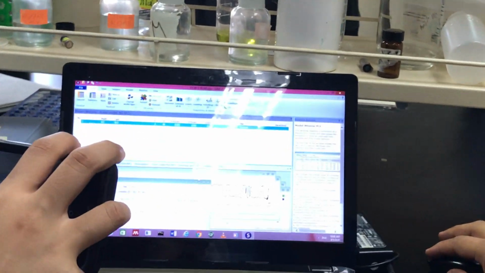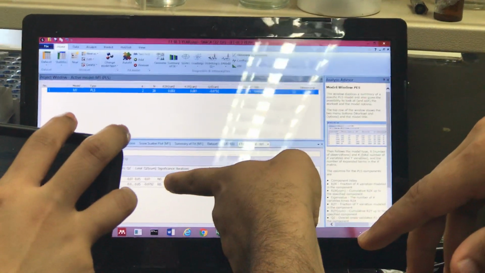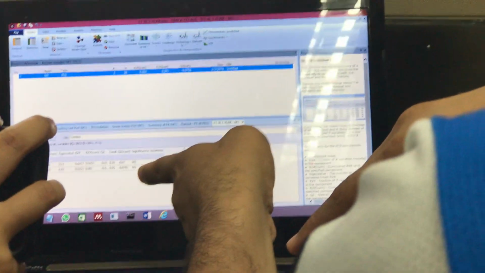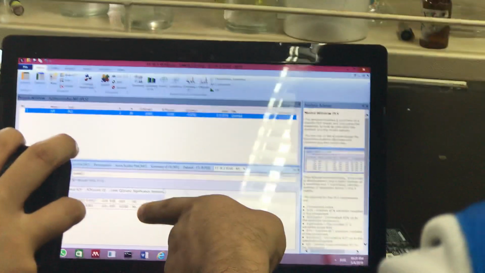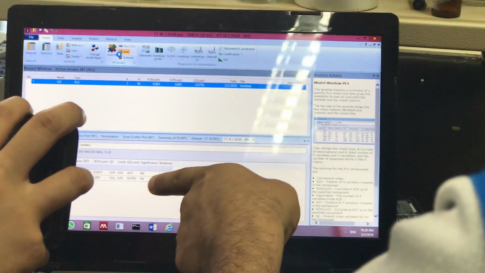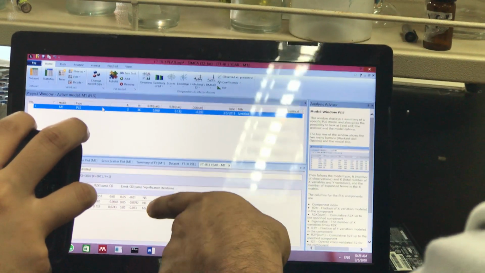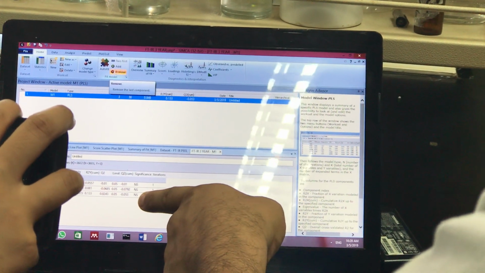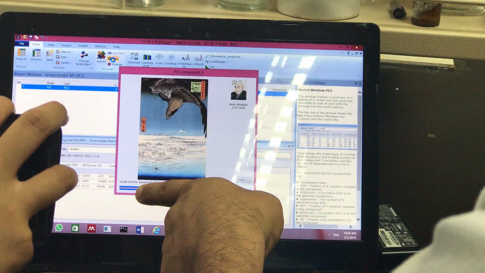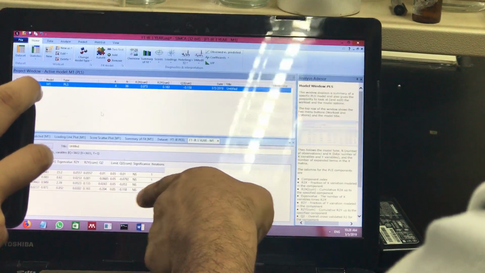You can see here, not significant. I can add as many components as I want, but still the software shows no significant difference.